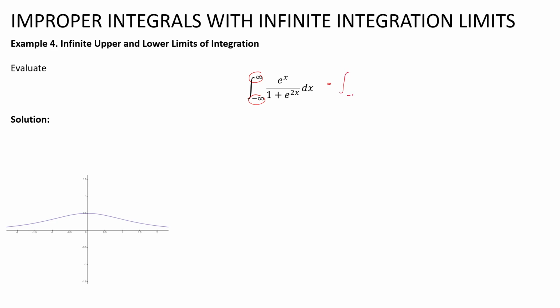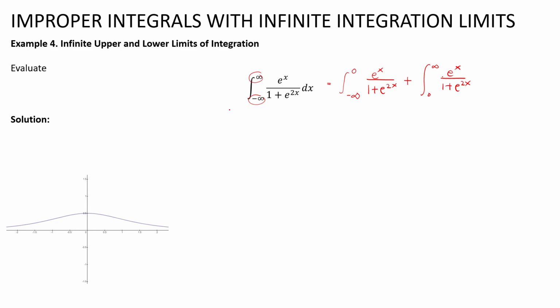So this becomes negative infinity going towards 0 of e raised to x over 1 plus e raised to 2x, plus 0 to infinity of e raised to x over 1 plus e raised to 2x.